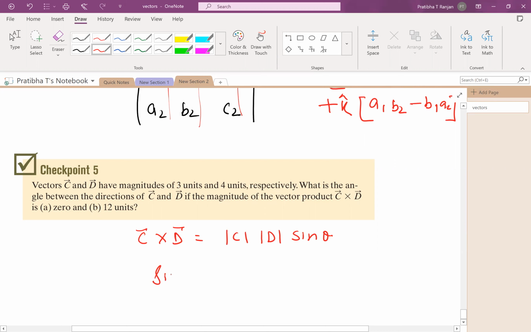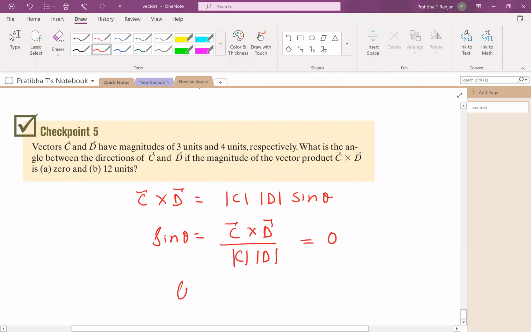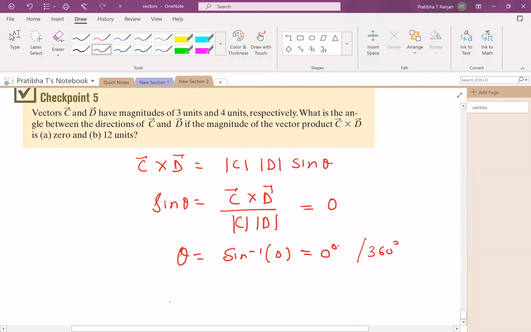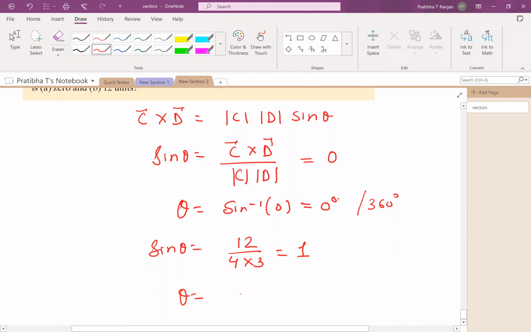So sine theta equals magnitude of C cross D over magnitude of C and D. Now they are saying the magnitude is zero, so sine theta is simply zero. So theta will be sine inverse zero, that is 0 degrees or 360 degrees. And now the 12 units: sine theta equals 12 over 4 times 3, that is 1, and theta equals sine inverse 1, that is 90 degrees. It's the same as before, but this one is sine.